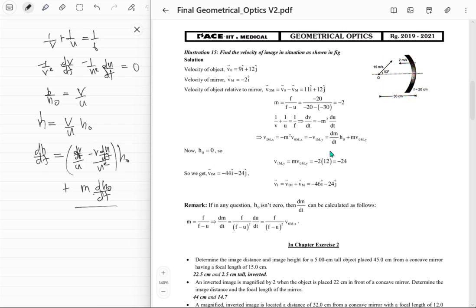Did they write the vertical velocity and stuff? I don't know. No, so they did write the body. Oh yeah, so the y coordinate. So velocity of image in the y coordinate is equal to magnification.